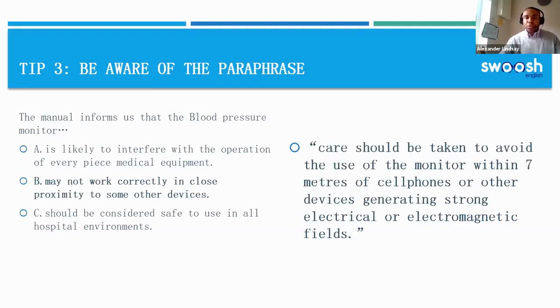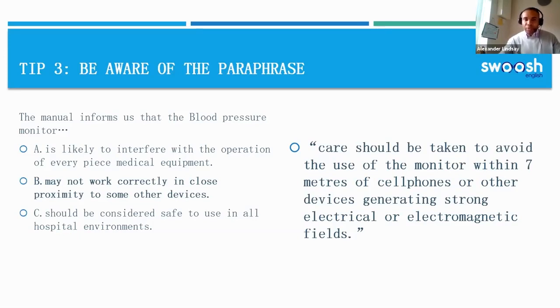Care should be taken to avoid the use of the monitor within 7 meters of cell phones or other devices generating strong electrical or electromagnetic fields. So which one is being paraphrased here? Well, I've highlighted it. It's option B. Okay, so you can see the paraphrase: may not work correctly in close proximity is basically being paraphrased to say care should be taken to avoid the use of the monitor within 7 meters of.